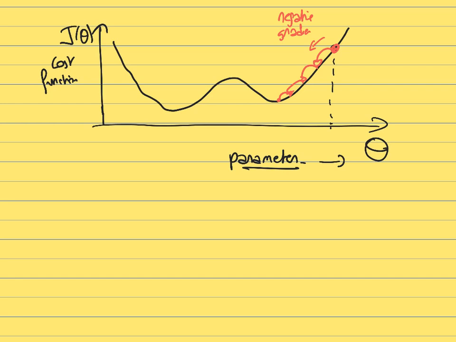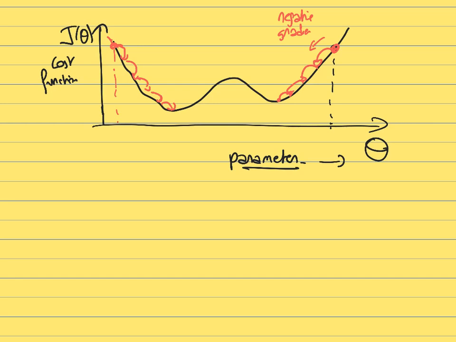But here the problem is that depending on where you start, for example, if you were to start at a different initial choice for the values of theta, then in this case you would find that the gradient is negative, which means that the cost function is decreasing if you increase theta, which means that you actually need, in this case, to increase theta to minimize the cost function.